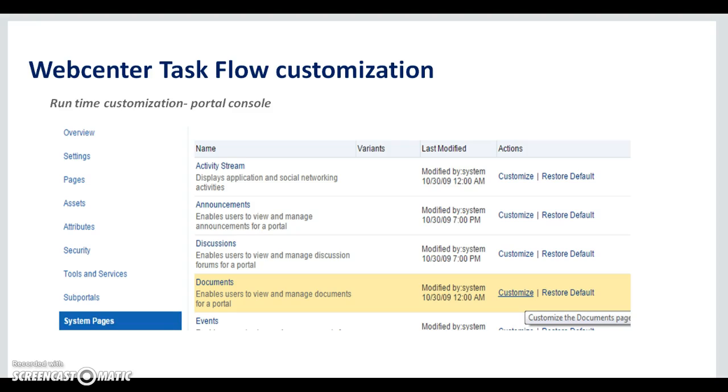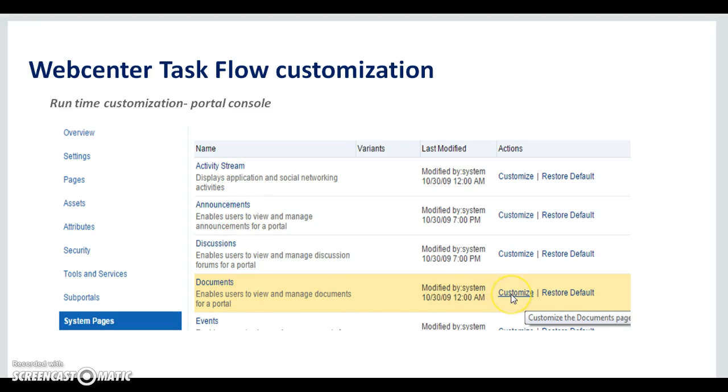So Webcenter task flow customization is of two types. One is runtime customization, which we can achieve through the portal console. As you can see, if we go to the portal administration and go to the system pages, these are some of the system pages, like activity streams, announcement, discussion, documents, and events.